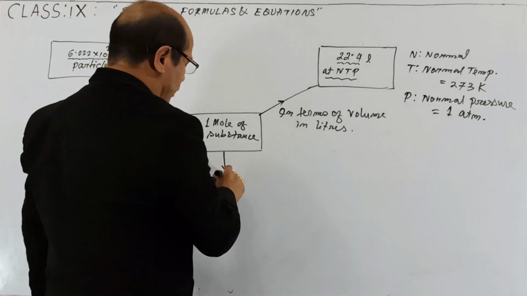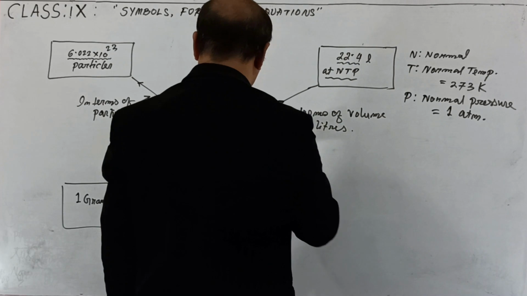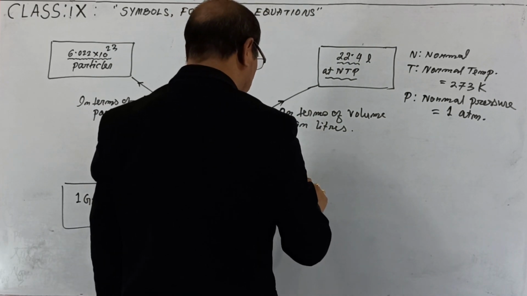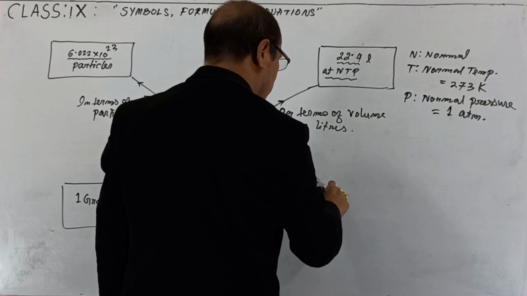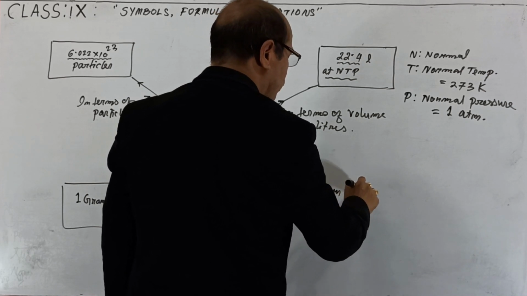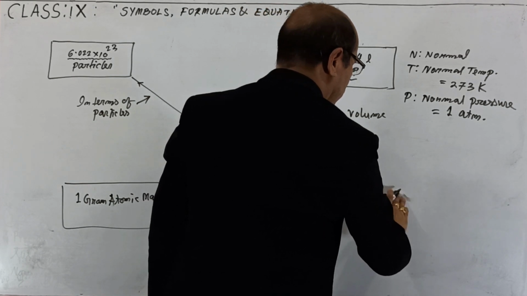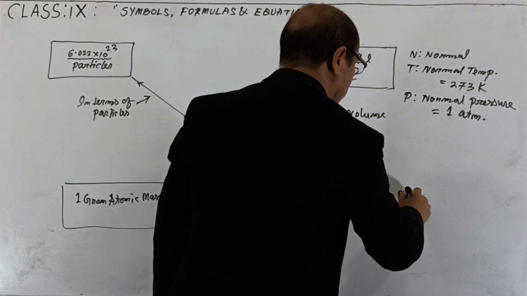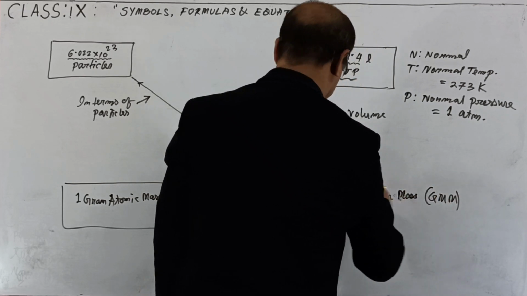And if the given substance is in the form of a molecule, then 1 mole of that substance, when you convert into grams, is equal to 1 gram molecular mass. In short, you can write GMM.